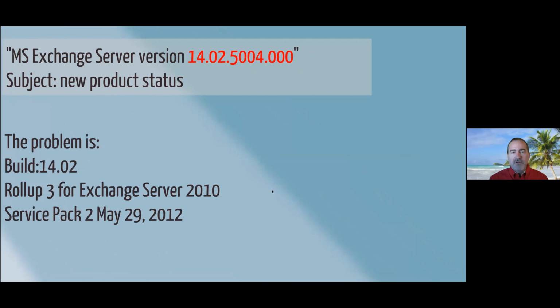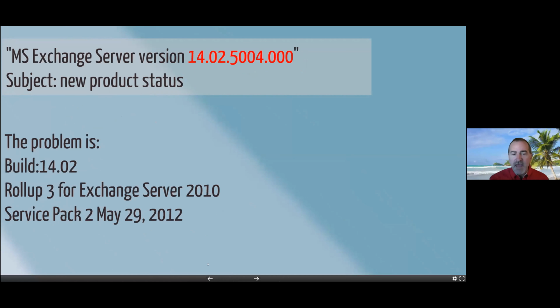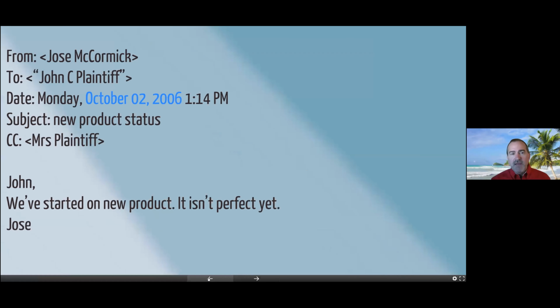They actually showed that they were using Microsoft Exchange 14. The problem is that that particular version of Microsoft Exchange didn't come out until later in 2010, and the service pack in 2012, yet they produced this email as though it was created in 2006. So they had actually, again, modified the date and time on several machines in this particular case to come up with the fact that the plaintiff company had created this product when indeed they had not.